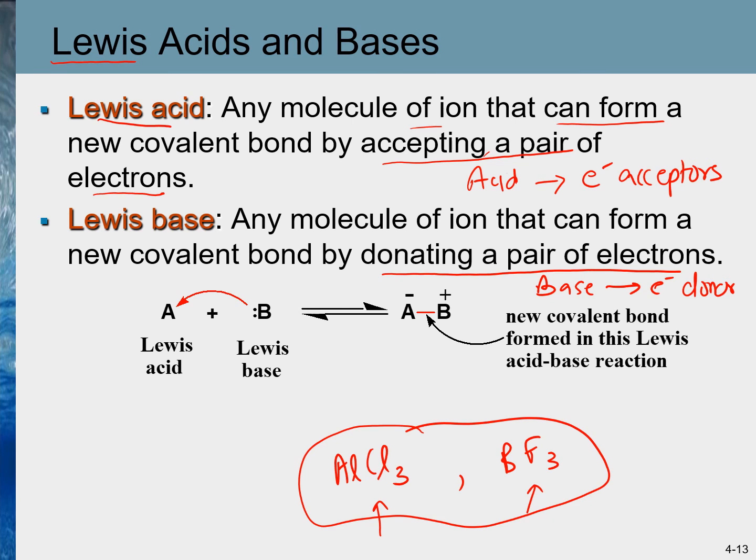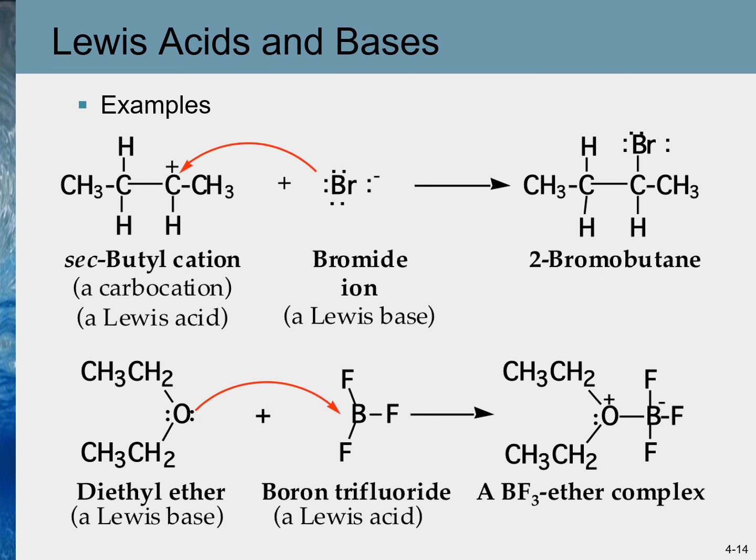So a general reaction of a Lewis acid and Lewis base is given here. If B is donating a pair of electrons and A is accepting, then A is a Lewis acid and B is a Lewis base. This donation of electrons will result in a new covalent bond formation. The examples of Lewis acids and bases are given here.